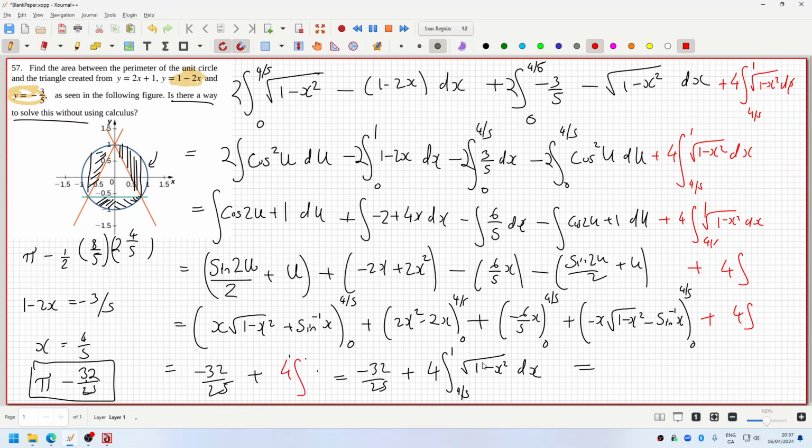But it's nice that I got the 32/25, but this one's not working out to be pi, which I'm not surprised.